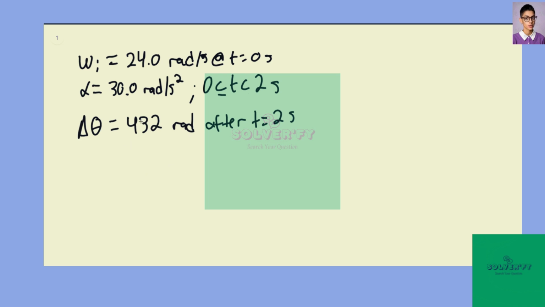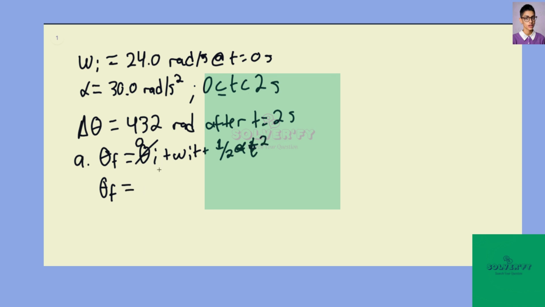So we should say, well, we have constant acceleration throughout, so we can use our kinematic equations applied to rotation, or rotational kinematic equations, essentially. So this would be theta f equals theta initial plus omega initial t plus half alpha t squared. This is going to be for the first 2 seconds.